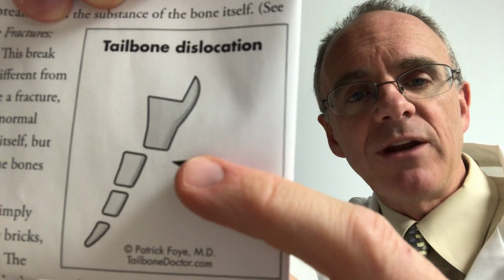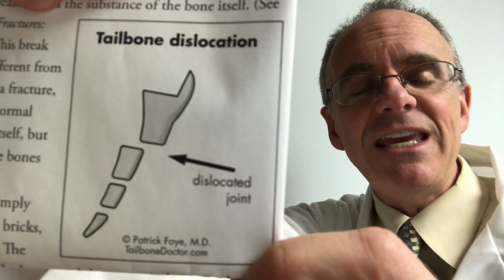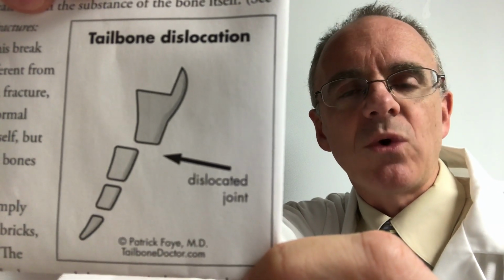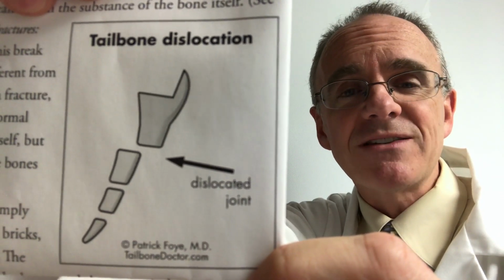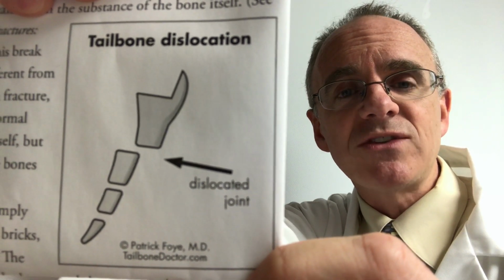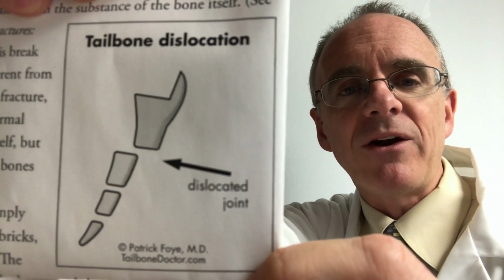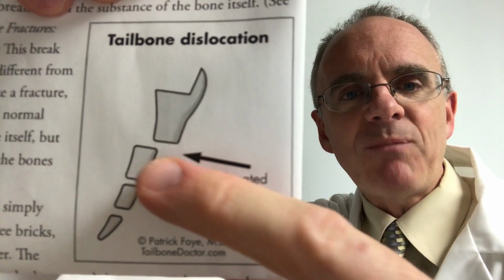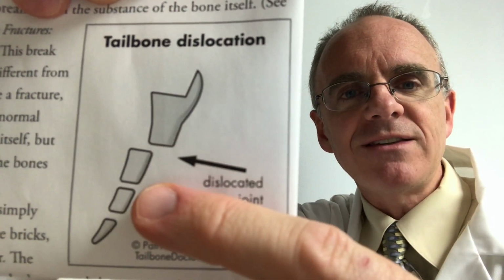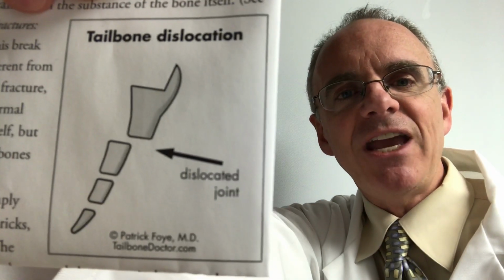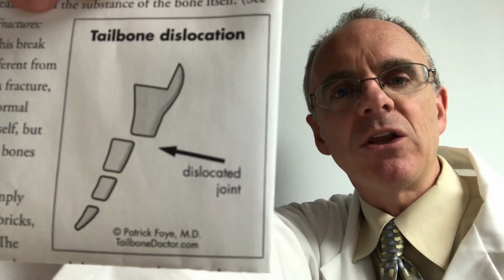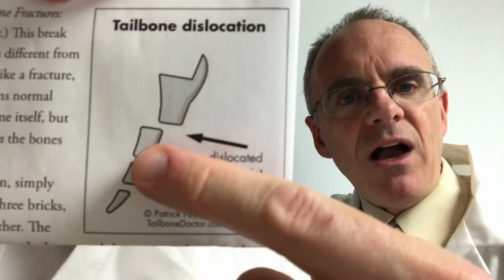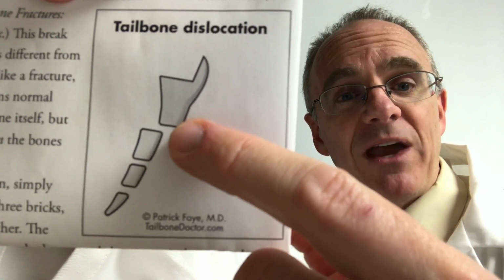This is a dislocation. It's very, very common that I see this mistake made by emergency room physicians or primary care doctors or even by musculoskeletal physicians or radiologists who should know better and would know better in other parts of the body. But what they'll do is they will see this separation between one bone and the next, and because they think of the tailbone as being a singular bone rather than a series of bones, they'll think, oh, well, this segment must have fractured off that one above.